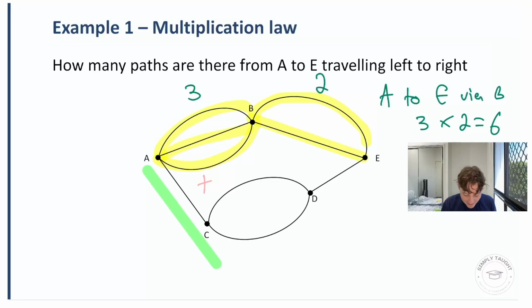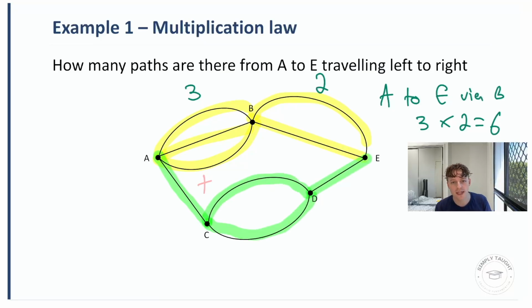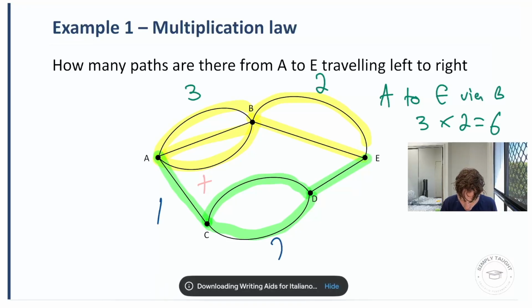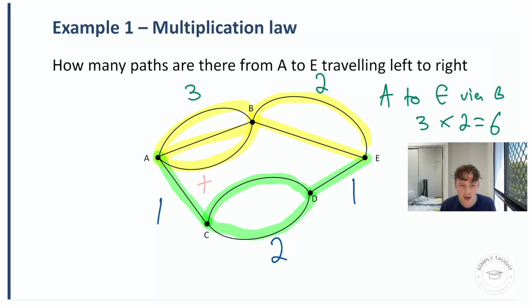It's the exact same logic going through the bottom. If I look at going from A to C, I've got one way to go from A to C, and I have two ways to go from C to D, and I have one way to go from D to E. I'll change my color, I'll probably choose blue. I've got one way here, two ways here, one way over here.